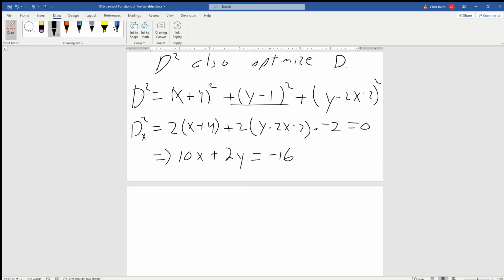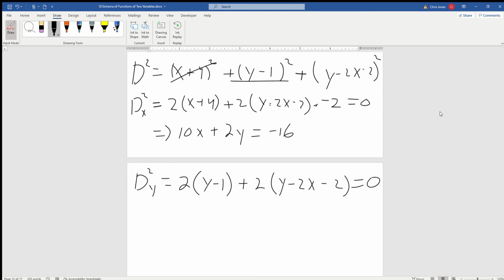All right. Now, we need d sub y. That should be pretty easy. This term doesn't matter because it doesn't have any y's in it, excuse me. So we get 2(y - 1) + 2(y - 2x - 2), and that's going to be equal to 0.